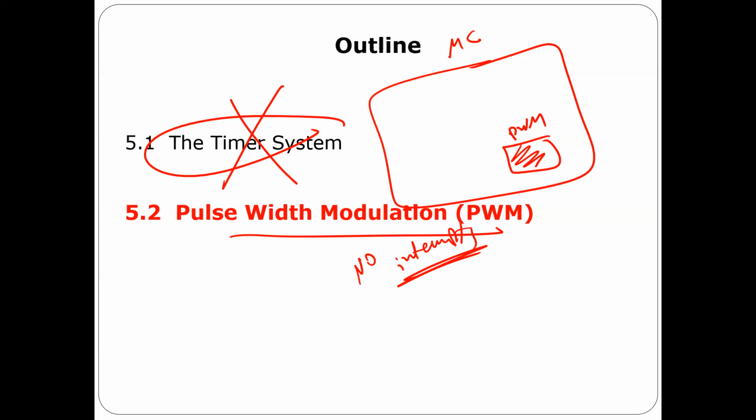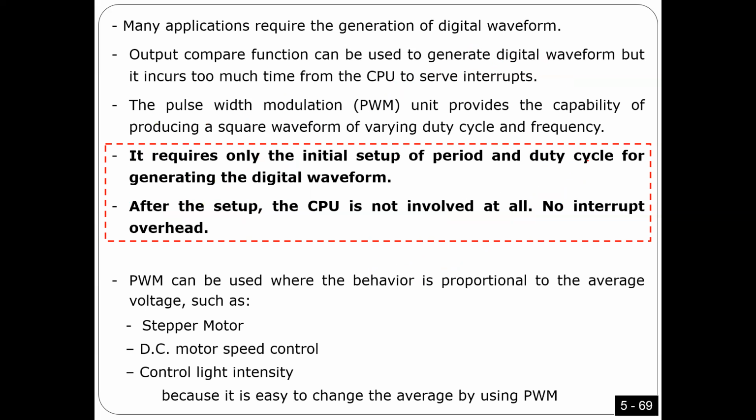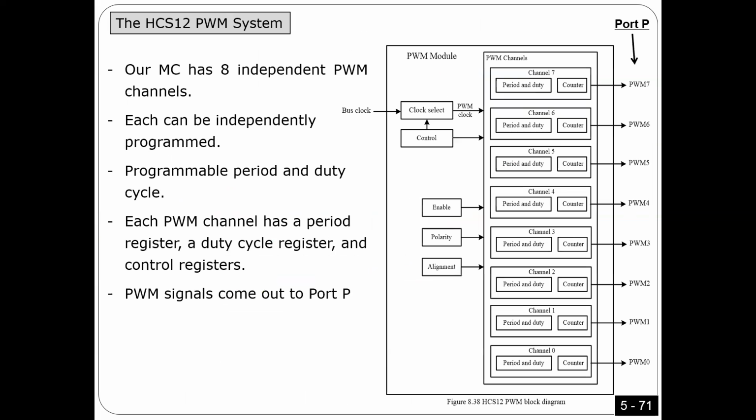Number 3, so what is pulse width modulation? Pulse width modulation, guys, we have 8 channels. Like the timer, yes, 8 channels. So this is the only similarity. Everything else is different. Every channel has no interrupts, but every channel has a pin on port P. So this one, port P7, P6, and so on.